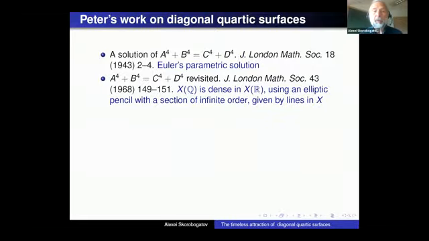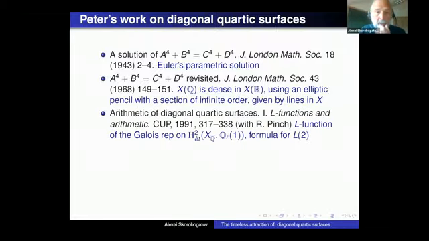That's basically the proof. So that has important ideas, which Peter kept revisiting all his life. Well, the next paper is of a different nature, and it's written jointly with Richard Pinch, and this was based on André Weil's work, which I mentioned before.